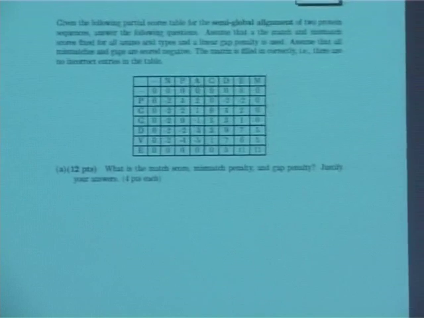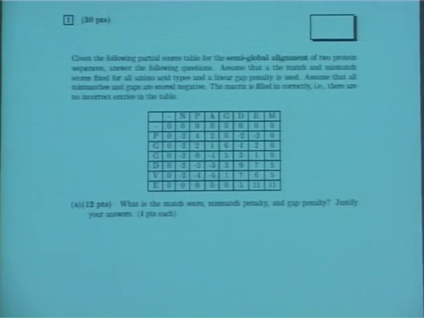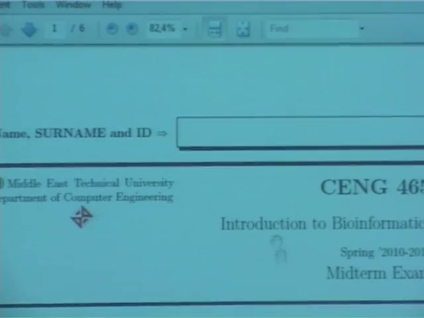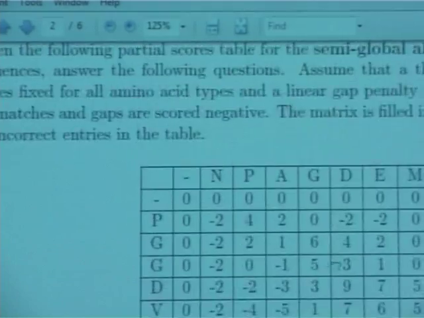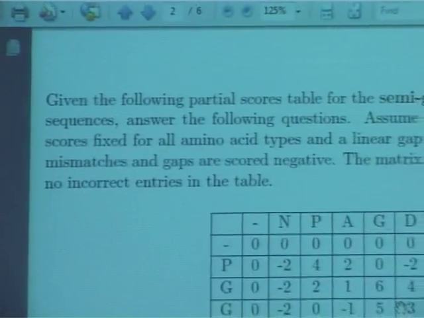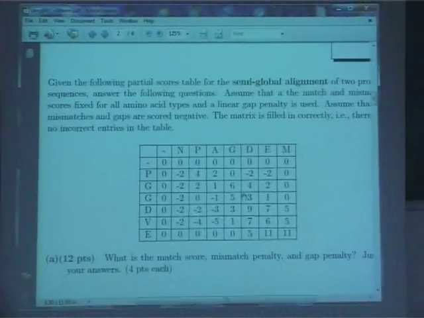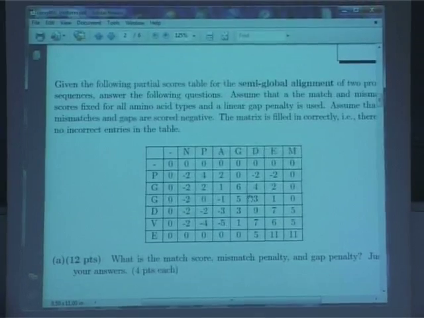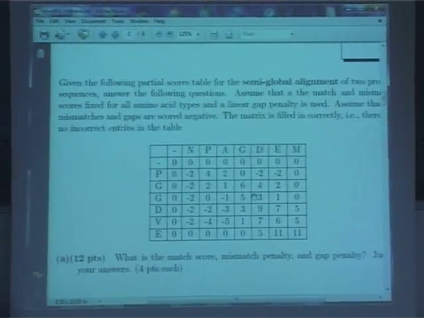Here's the question. This is the partial scores table for a semi-global alignment. In semi-global alignments, the whole sequences are aligned. It's not a local alignment. So whole parts of the sequences are going to be aligned.